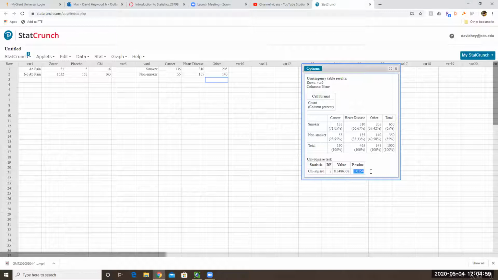Anyway, looking at the percentages, we can see that if you're a smoker, well, hold on a sec.